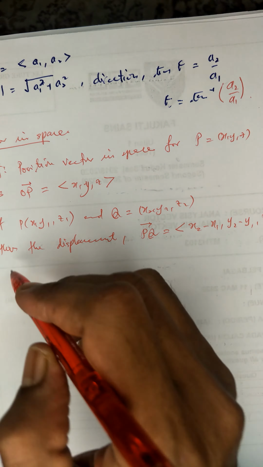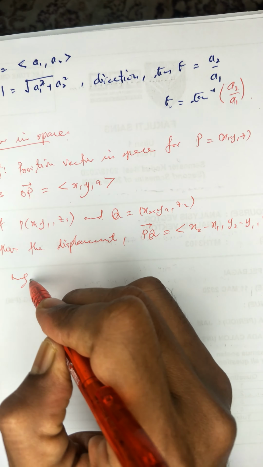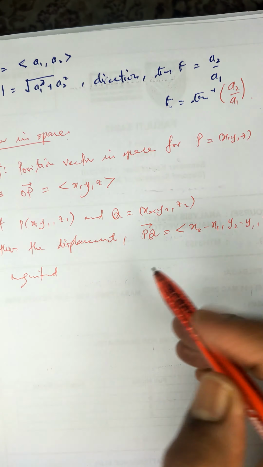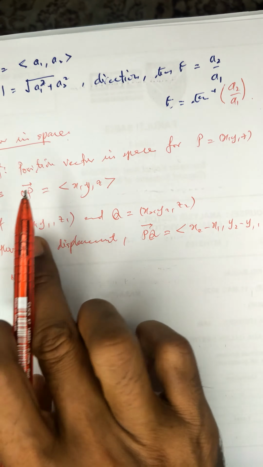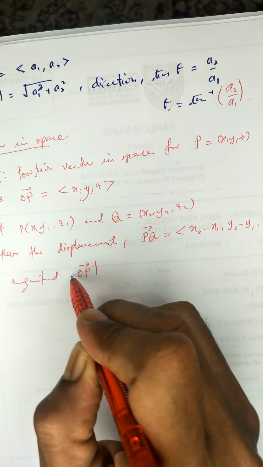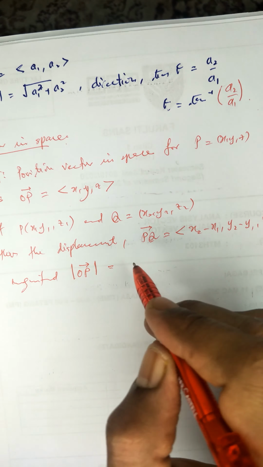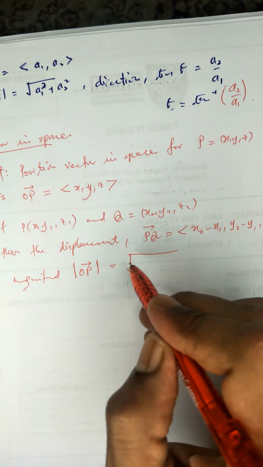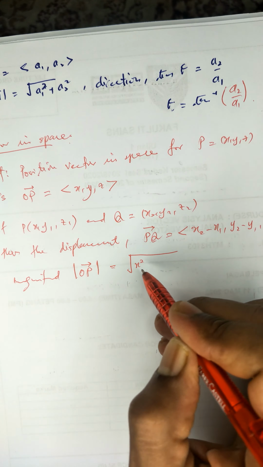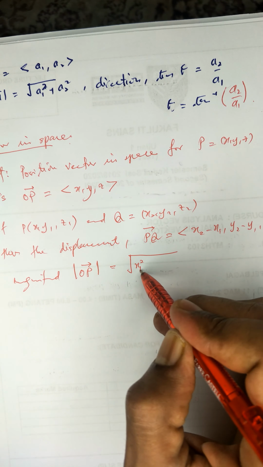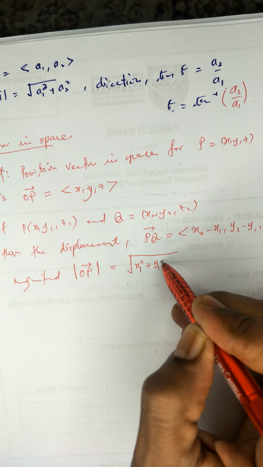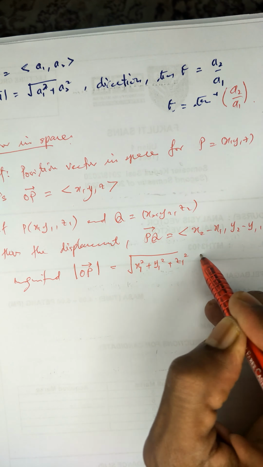The magnitude of vector A, or in this case, if we consider a position vector, the magnitude of vector OP is the square root of x1 squared plus y1 squared plus z1 squared.